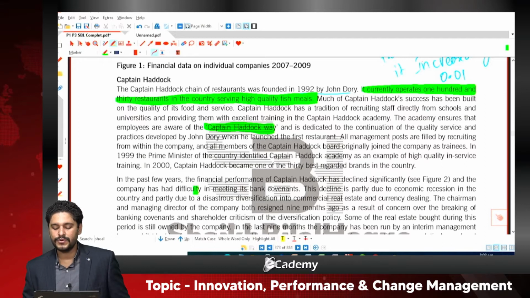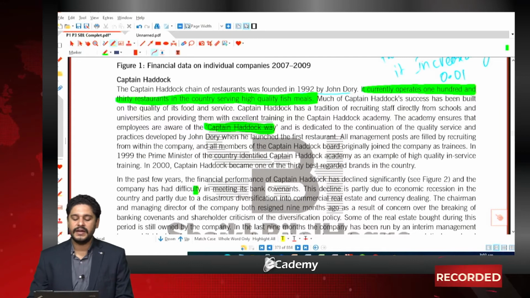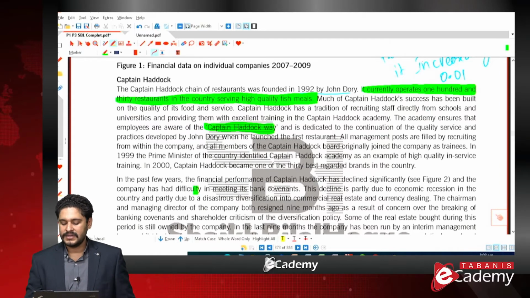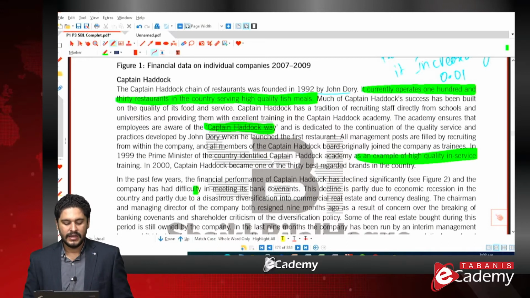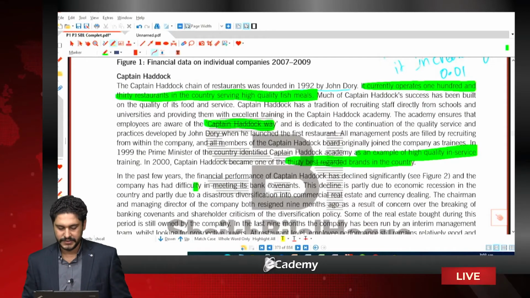All management posts are filled by recruiting from within the company, and all members of the Captain Haddock board originally joined the company as trainees. In 1999, the Prime Minister of the country identified Captain Haddock's Academy as an example of high quality in-service training. In 2000, Captain Haddock became one of the 30 best regarded brands of the company.